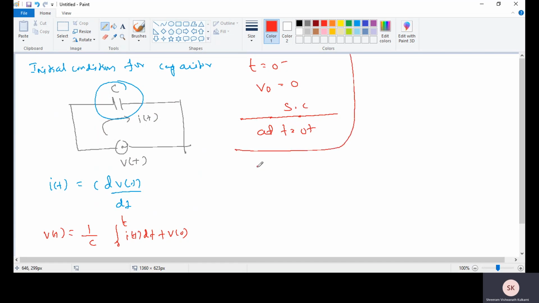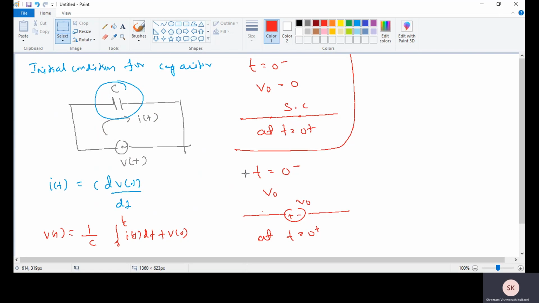Okay, then next condition, if at t equal to 0 minus there is some initial voltage across the capacitor, then the capacitor will behave as a voltage source of V naught value at t equal to 0 plus.